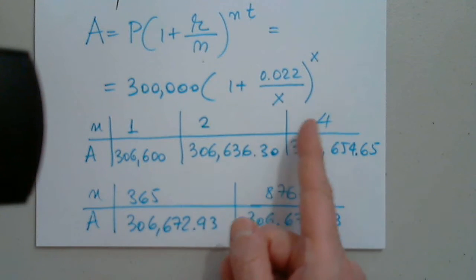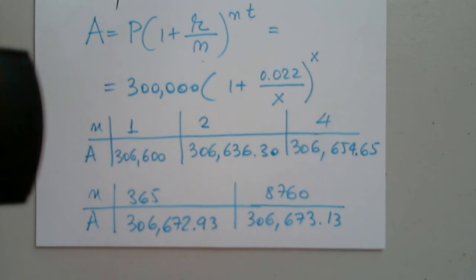I plugged in 1, 2, 4, 365, and 8,760, and I got the answers right away. Again, you don't have to use this procedure, but you will have to calculate 4 times, 5 times. Very good. Next, any questions about this? Any questions?